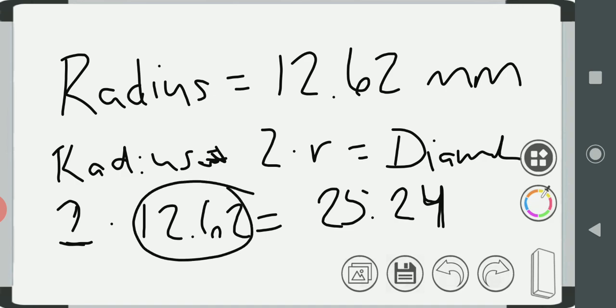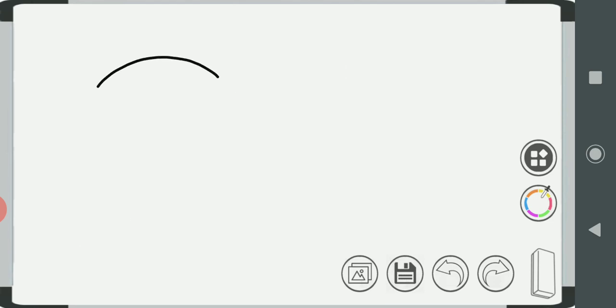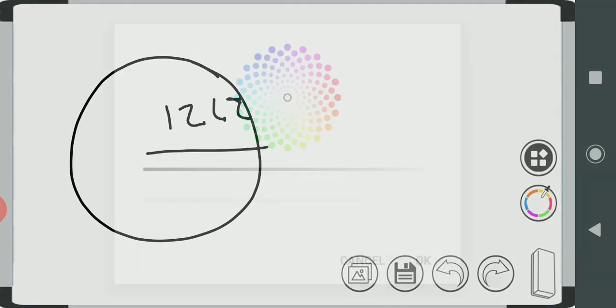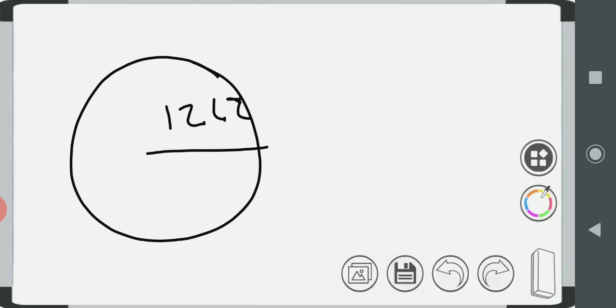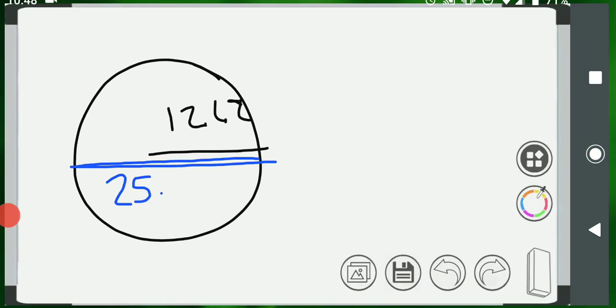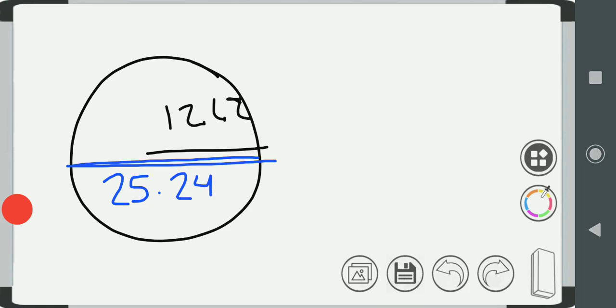This would be our radius, and this would be our diameter. See if I can remember those numbers. So we have our circle. We have 12.62. Then our diameter, all the way across, is double that, which came out as 25.24.